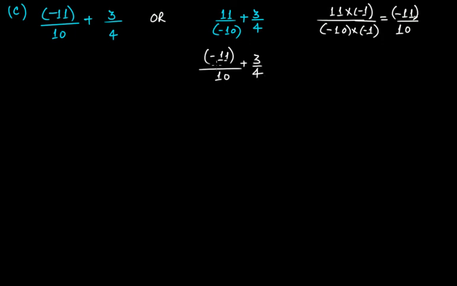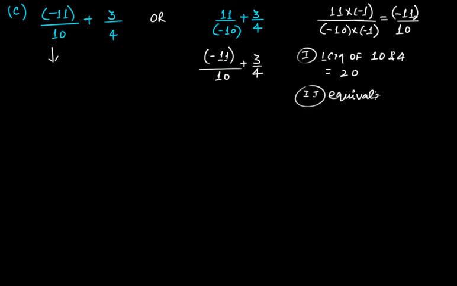Same thing, right? Minus 11 over 10 plus 3 over 4. Same thing. Now, the first step should be what? LCM of 10 and 4. If you find LCM of 10 and 4, it comes 20. So, the second step. The second step is always what? Finding equivalent rational number having denominator equal to LCM.